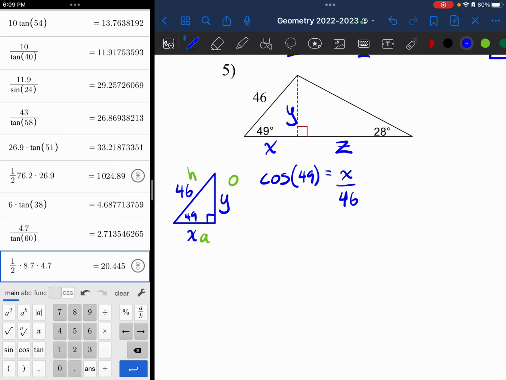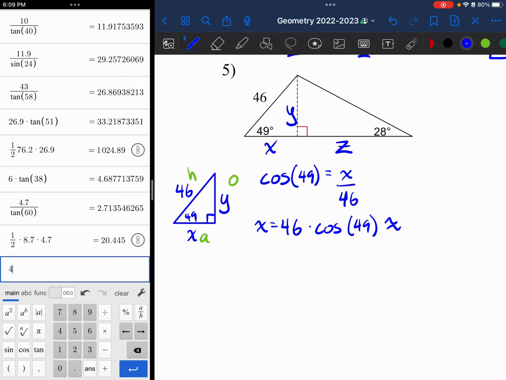And then I can multiply both sides by 46, and I get x is equal to 46 times cosine of 49. And that is what calculator? It's going to be 46 times cosine of 49, and I get 30.2. Okay.